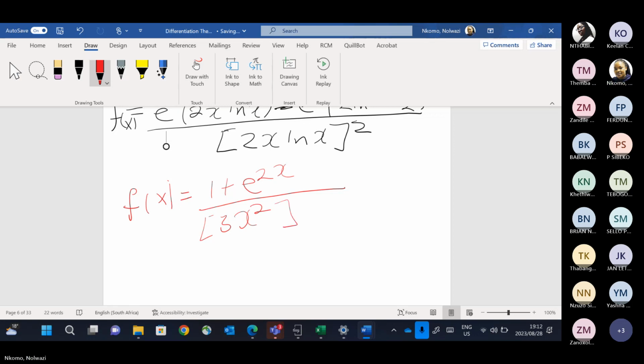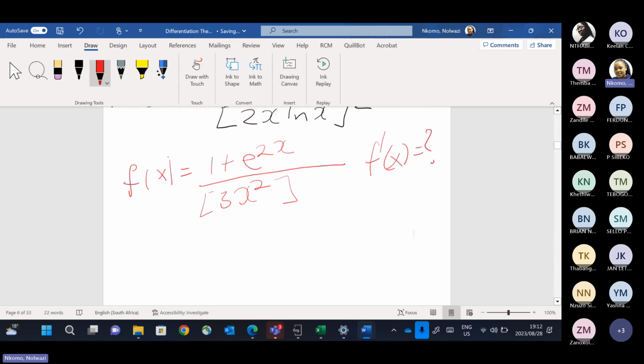You'll find f prime at x. Okay, it's okay. Please work on this in your spare time.